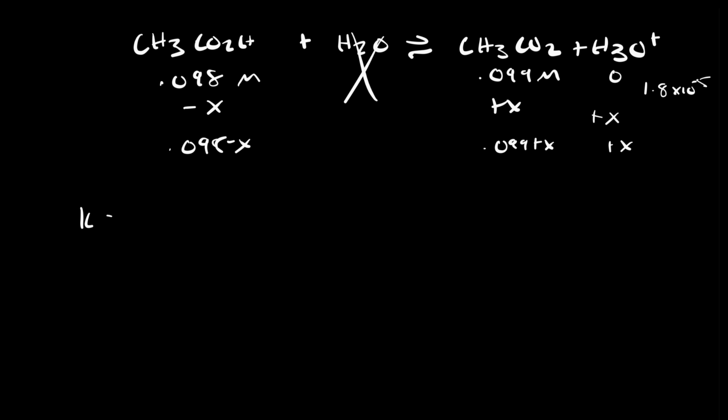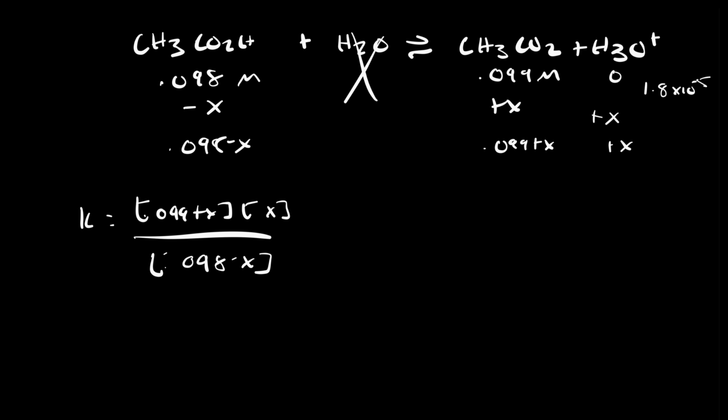We know the K expression from before, so we know it's going to be our products multiplied together over our reactants. In this case, just reactant. Again, we can ignore our subtracted and added x because we're saying x is very, very small. And so now let's figure out what x is going to be here. We can simplify and say K has to be this.